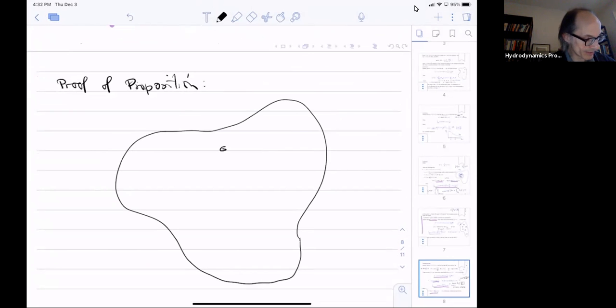So I have, as usual, this set where psi is small.